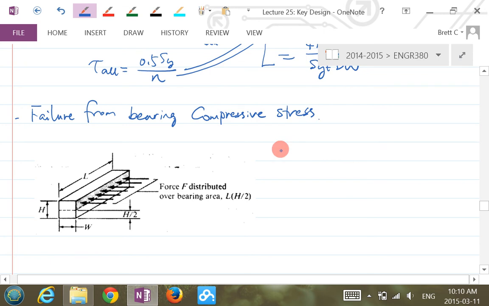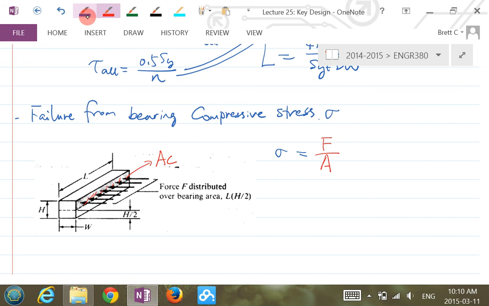This stress we'll call sigma because it's a normal stress now. This shaded area we call Ac, the compressive stress area. Sigma should equal F over Ac. And F is the same quantity we calculated: torque divided by half of the diameter.